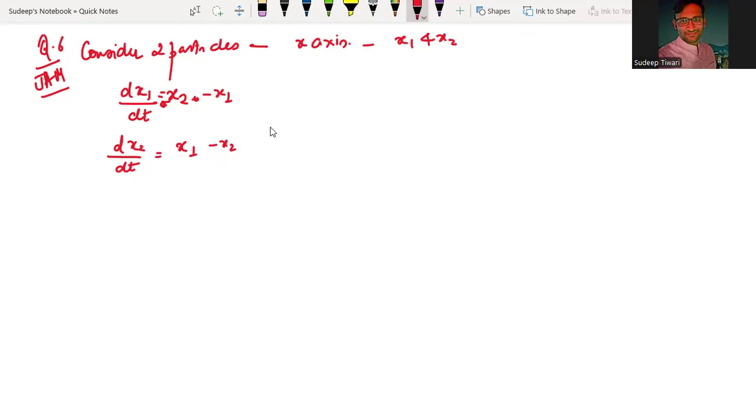When they start moving from the initial location, x1 at 0 is equal to 1, and x2 at 0 is equal to minus 1. So the initial conditions are now supplied.